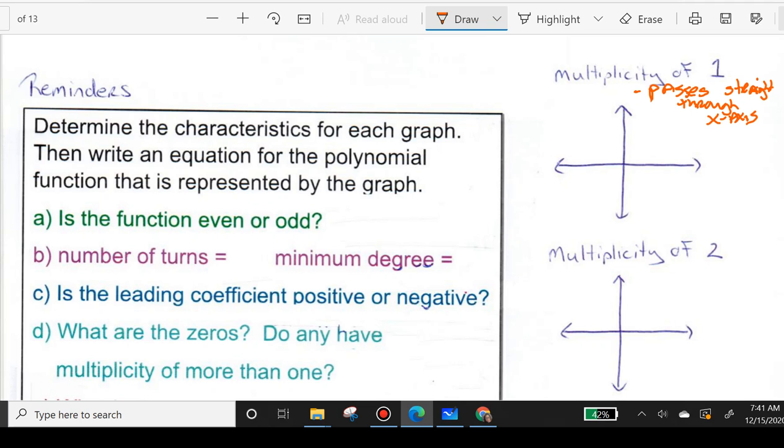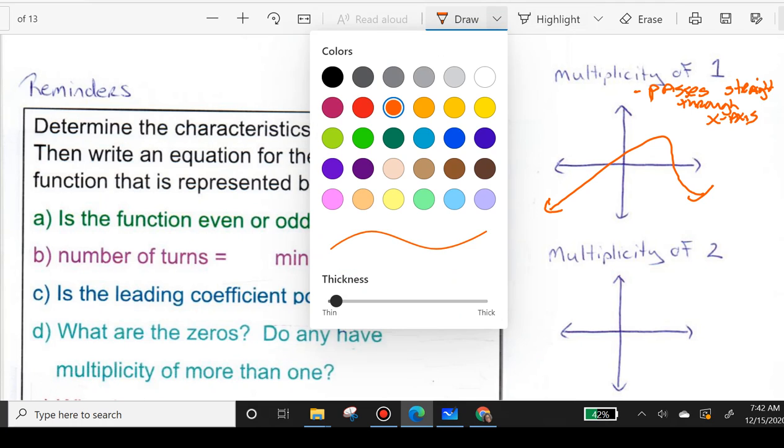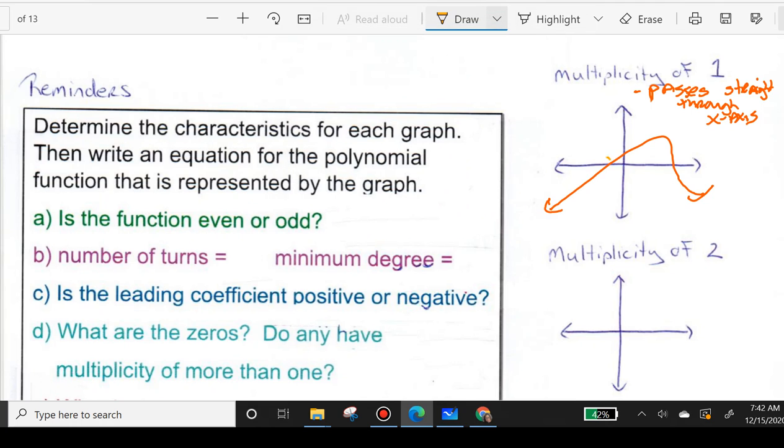So something like this, both of these intercepts here, so this is 1, this is 2, both of these intercepts here have a multiplicity of 1. It's just going pretty much straight through. There's nothing special about it.